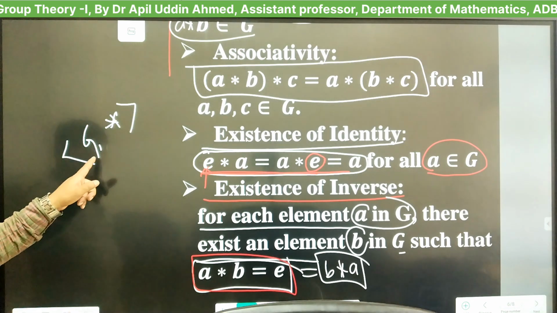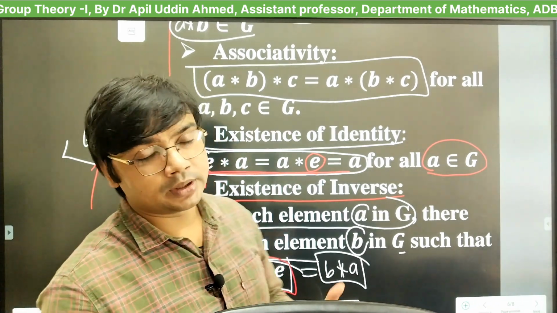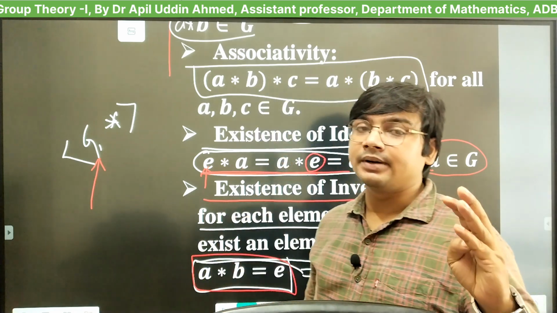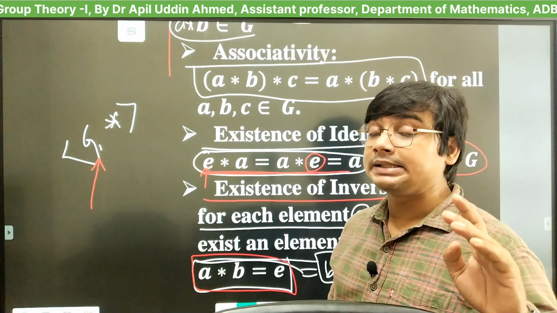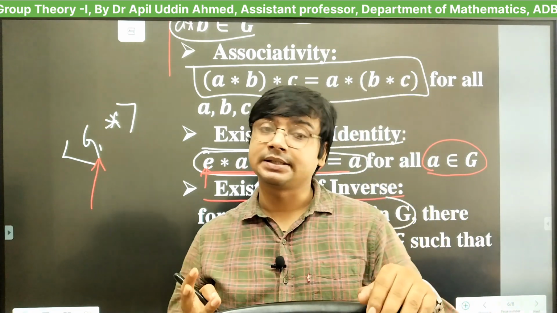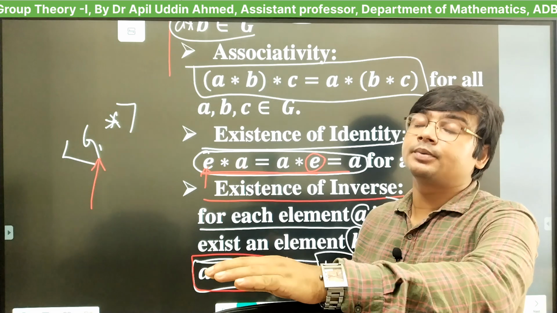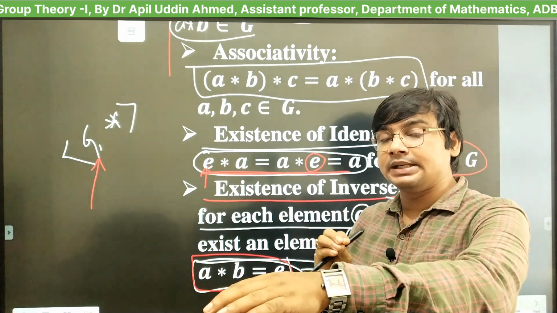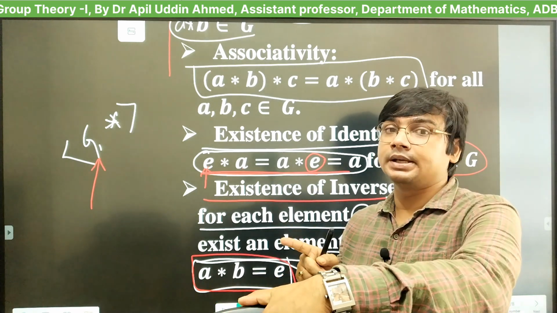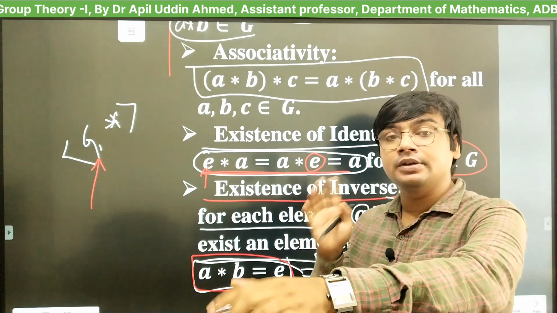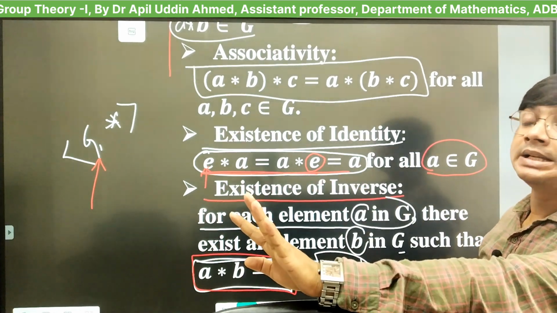Again I repeat, this non-empty set G is said to be a group if it satisfies closure, associativity, existence of identity, and the last property, existence of inverse. For any element of G there must exist an inverse element also in G under the operation star. If these properties are satisfied, then G is a group.